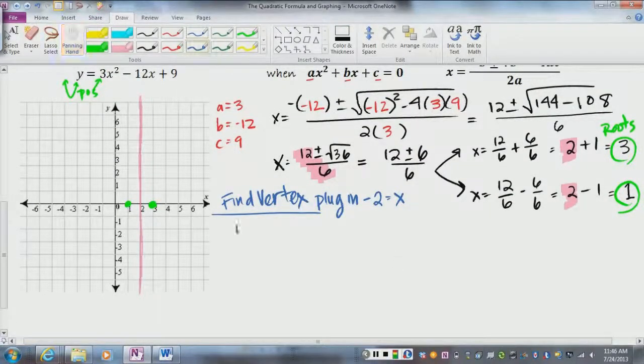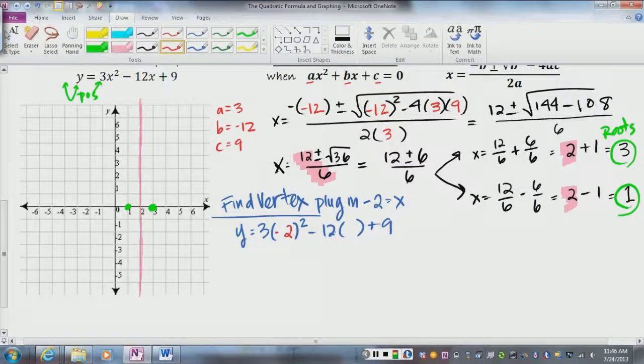So I have y equals 3x squared minus 12x plus 9. And I'm going to plug in the axis of symmetry, which is x equals 2. We're really just saying, what is y when x is 2?